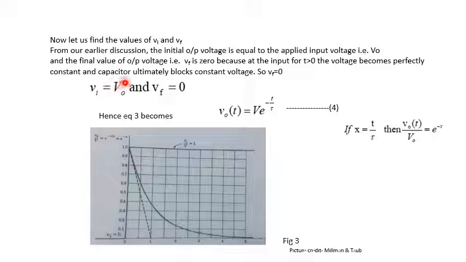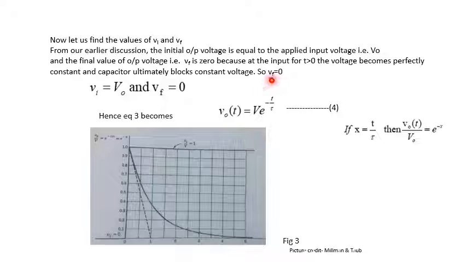And whenever there is a capacitor in the circuit, it ultimately blocks the constant voltage. Hence, we can say that the role of capacitor is to finally block the input constant voltage, because initially it is behaving as a short circuit because it is passing all the applied voltage to the output.